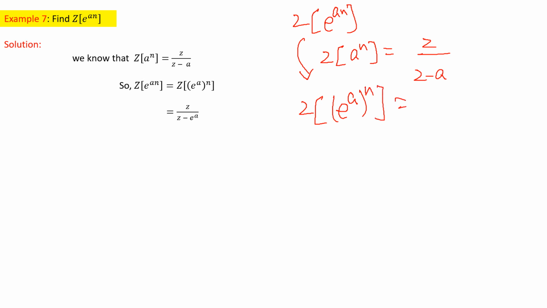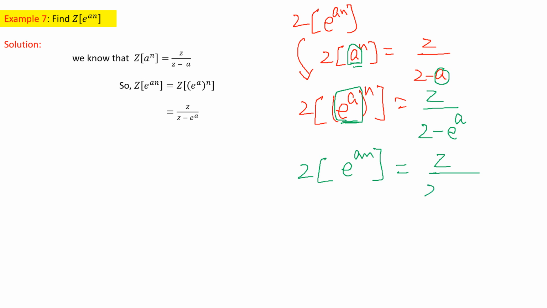If I compare this with this, we come to know that in place of a, I have e to the power a. So how can I write this one? This is simply z by z minus, if it is a, I will write a here. So if it is e power a, then I can write this as e power a. So I have concluded that z transform of e to the power an is nothing but z by z minus e to the power a.